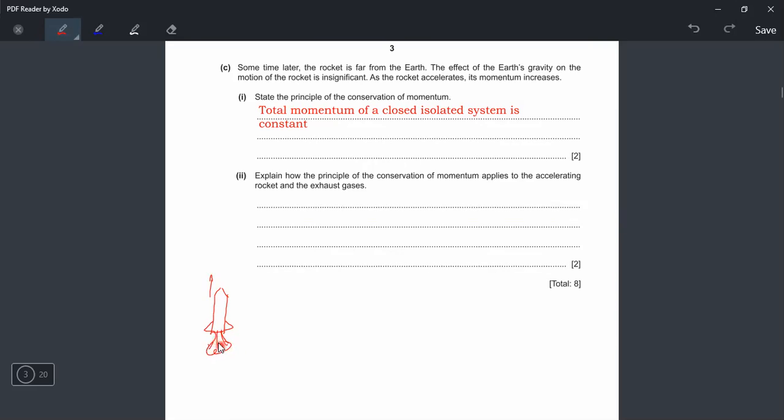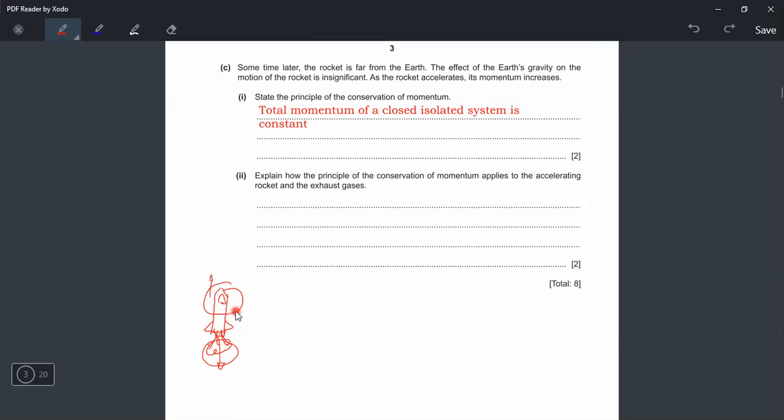That's because the exhaust gases are being pushed down. Because you're pushing the gas down, the change in momentum that the gas experiences is the same change in momentum as that the rocket experiences. That's why we need to burn that gas. That's why we need to force it out of that jet engine, because we need the gas to move down so that the rocket moves up with the same force and same change in momentum.